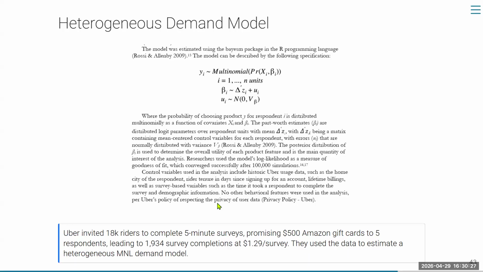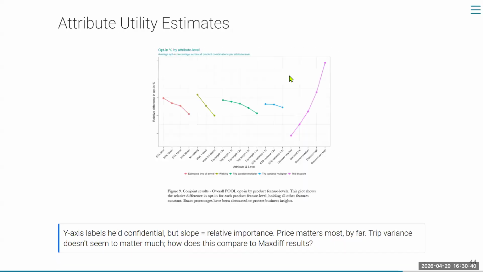And then they used the data to estimate this hierarchical Bayesian logit model, which is a flavor of the individual-level heterogeneity that I showed you earlier. And so they don't give us the y-axis, but they give us the relative attribute betas.